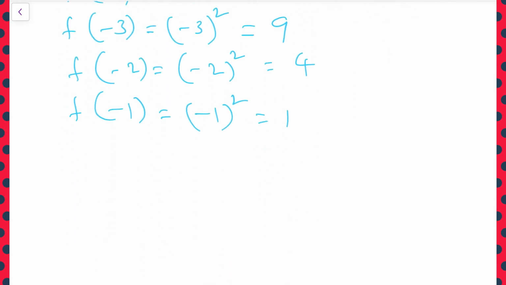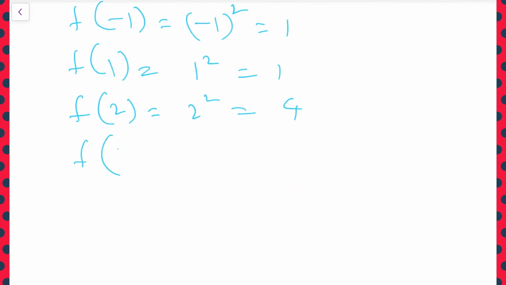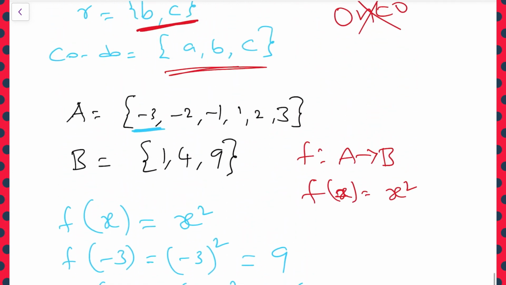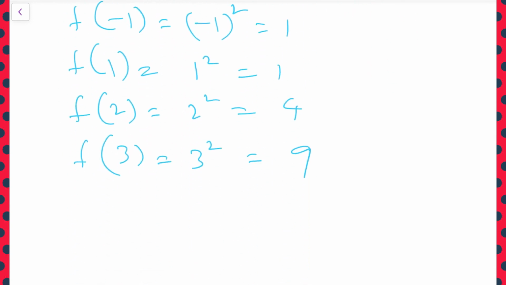Then f(1) = 1 square, 1. f(2) = 2 square, 4. f(3) = 3 square, 9. So I substituted the numbers which are there in set A and I got some answers. This only I will represent through a Venn diagram. In set A, -3 to +3.